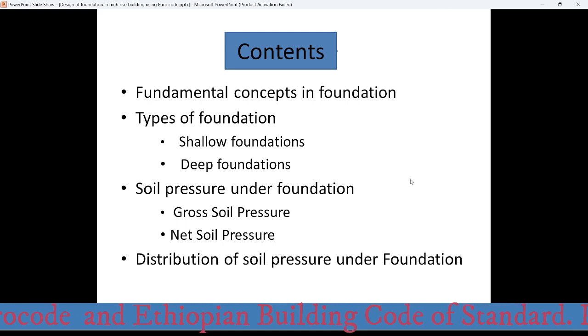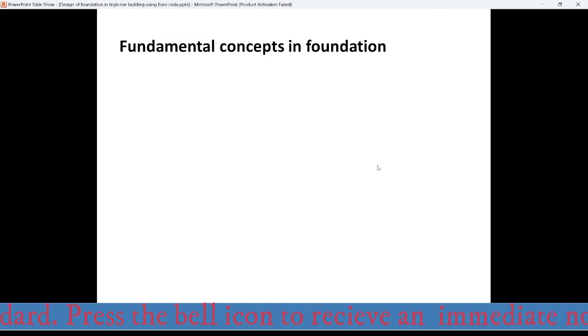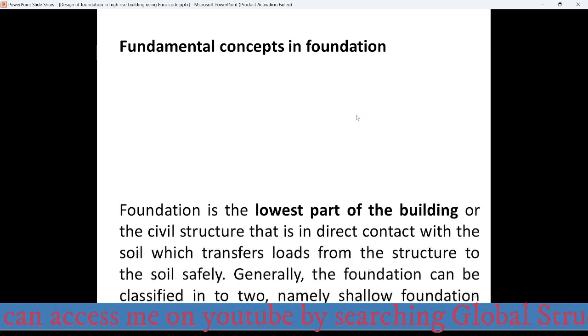So let's proceed to the detailed parts of those contents one by one. The first one is the fundamental concepts in foundation. So, what is foundation and why do we use the foundation in high-rise building?